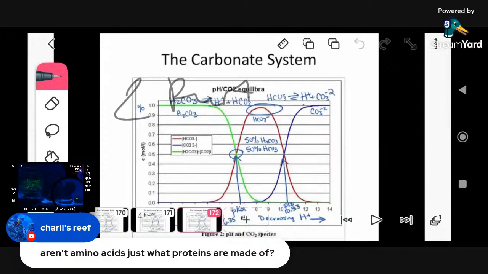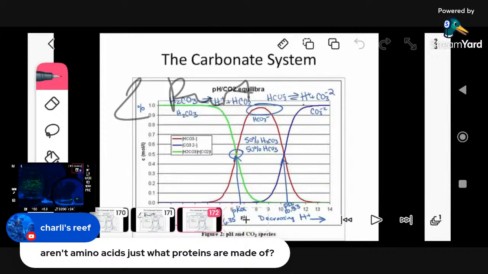Ain't amino acids just what proteins are made of? Yeah, basically, bro. Imagine amino acids are like Lego blocks, and the protein is the structure that you made with the blocks.